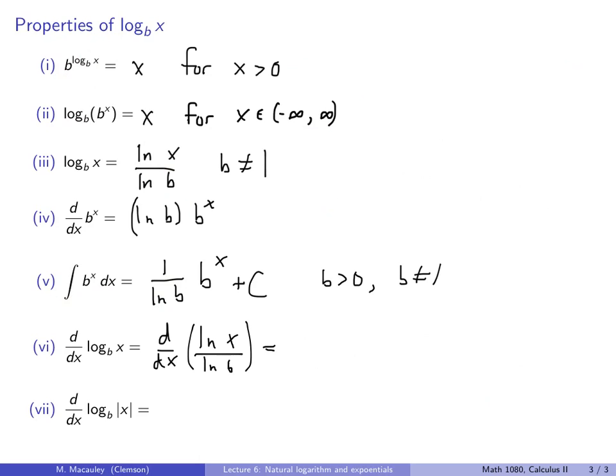And you get 1 over natural log of b times the derivative of natural log of x, which is 1 over x. So you get 1 over x natural log of b. Of course here I'm assuming that x is greater than 0.